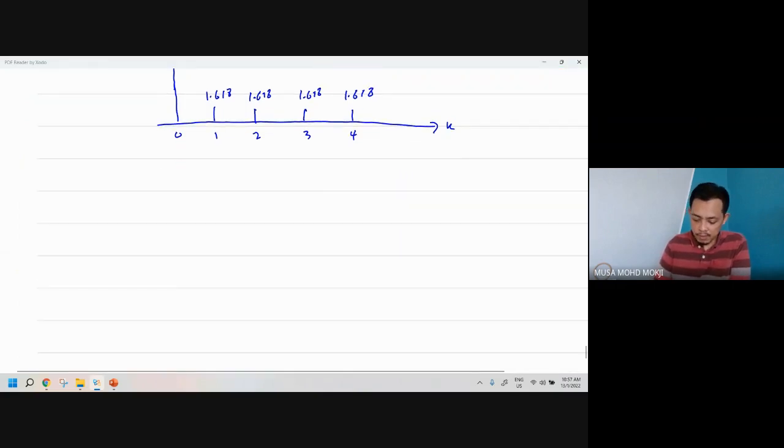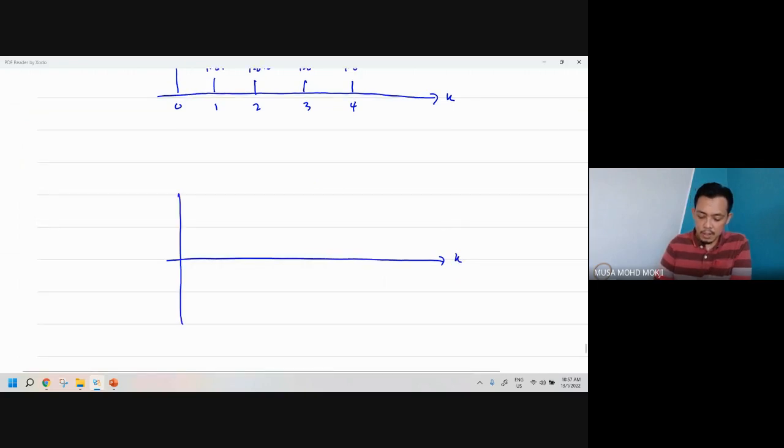And for the phase, this is k. For the phase, normally you will have your maximum at pi and your minimum at minus pi. 0, 1, 2, 3, 4.